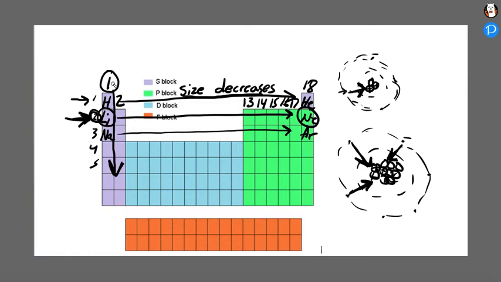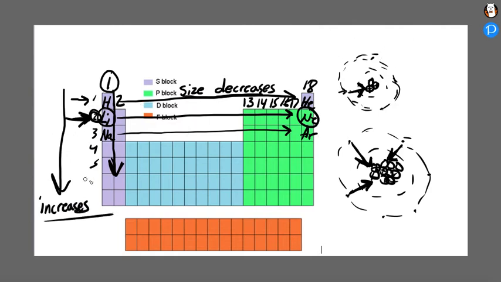So now thinking about that, moving down a group, what do you think is going to happen there? Actually, what we see is that as we move down a group, the size increases.